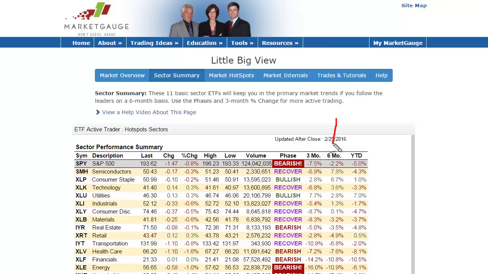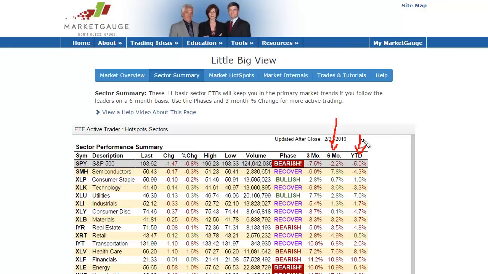If you're not already familiar with MarketGauge, you know that statistically, the 6-month time frame is a very powerful time frame. The other time frame that we don't talk about all that much except with our members is year to date. Year to date is an incredibly powerful time frame, especially when you start the year off as negatively as we have.